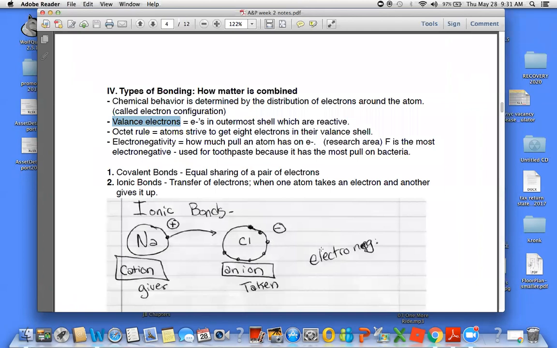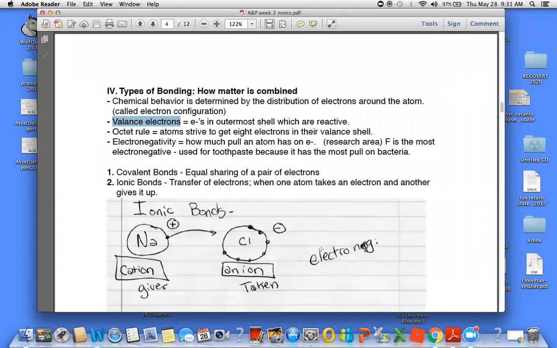Sodium wants to lose its electron and give it to chloride. Chloride has 7 and wants 1 to make 8. What is sodium getting? Now it has nothing. That's correct, because underneath is 8 electrons, and therefore it has a full shell by getting rid of the 1.